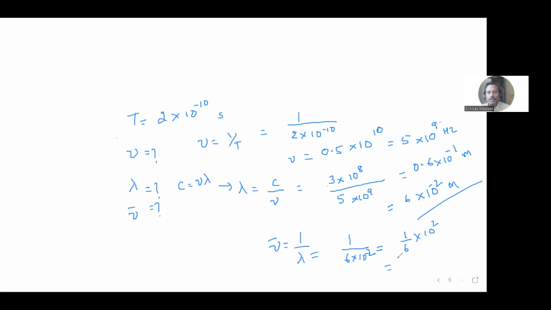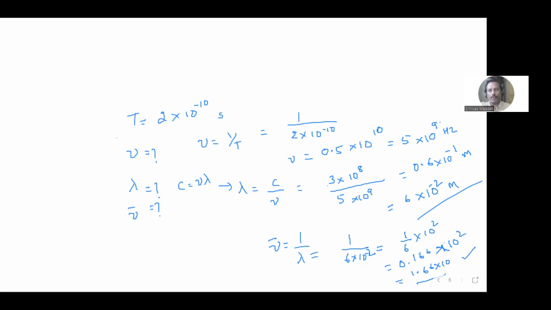So that becomes 1.66 into 10. So this will be the nu bar or the wave number value.